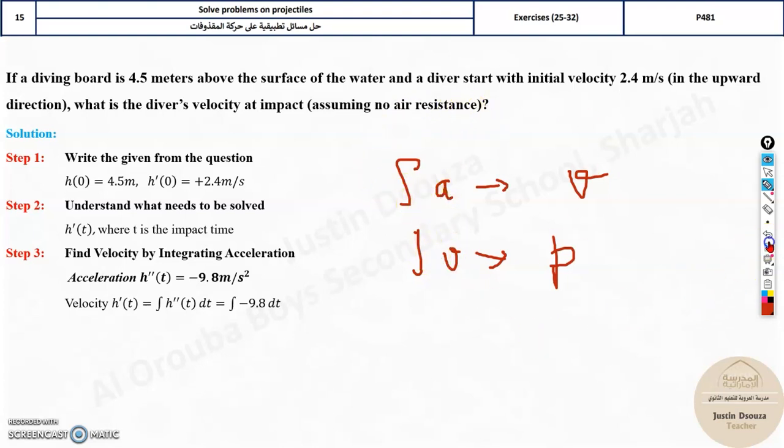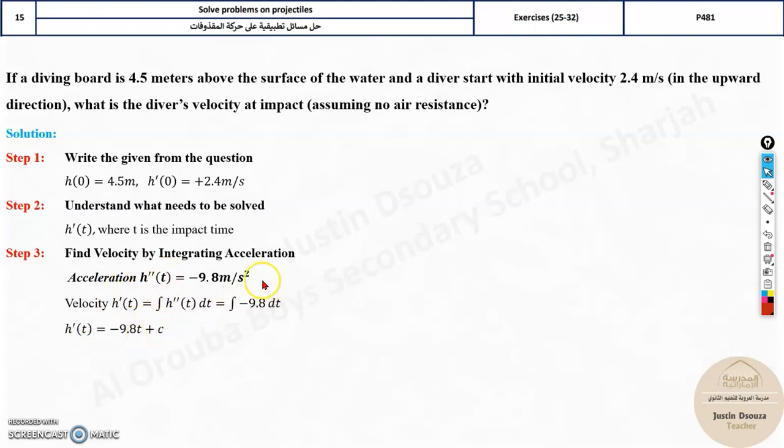We are coming backwards. So we found the velocity, but this velocity is the general velocity at any time t. Now when you integrate it, you will have a constant of integration, that is c. How do you find the c? You know the initial velocity at h dash of 0 is 2.4. So instead of time t, substitute 0.